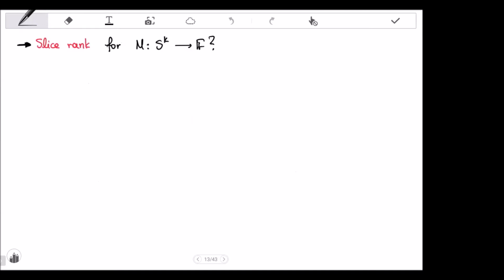Right. So what happens though for higher dimensional matrices? So we saw that for 2 tensors, for regular matrices, the slice rank is just the rank. Now for higher dimensions, it's easy to see that the slice rank of M, of a k tensor, is again at most the number of rows in this k dimensional cube, so at most the size of S. It shouldn't be a surprise that any maybe natural notion of rank should satisfy this.